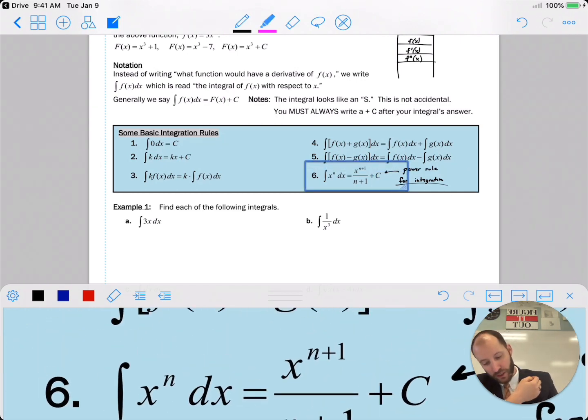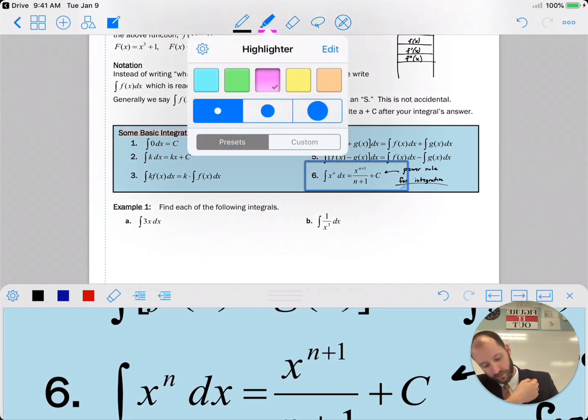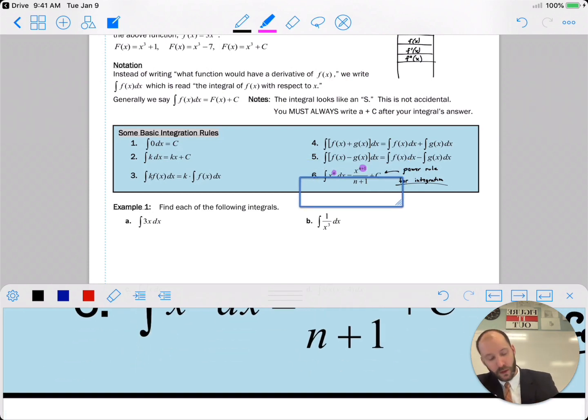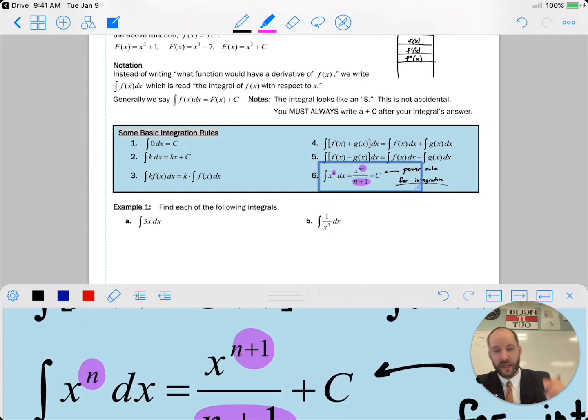So the exponent n is going to get increased by 1. So when you do derivatives, you decrease. Now you get an increase. We're then going to divide by the new exponent. Remember, derivatives, you'd bring the exponent down, decrease by 1. Well, now we're going to increase the exponent. We're going to divide by that new exponent.